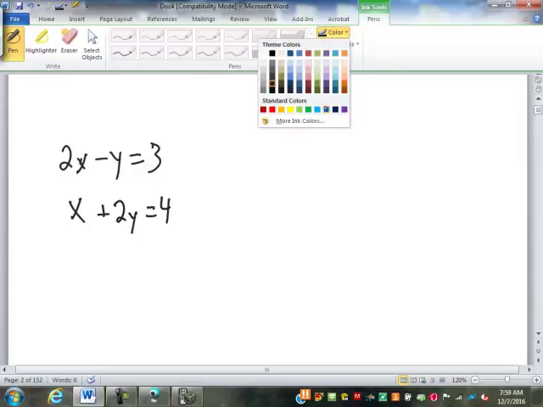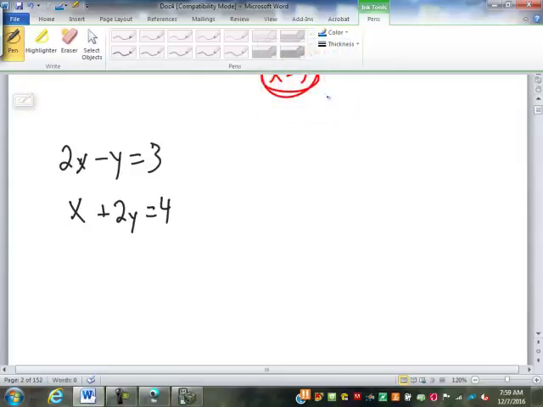In this case, they're not y equals. I can't just put them equal to each other and solve. I have to adjust them. I have to get either y equals or x equals in one of those equations.